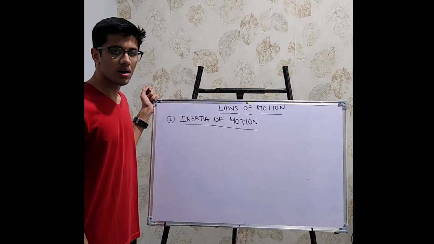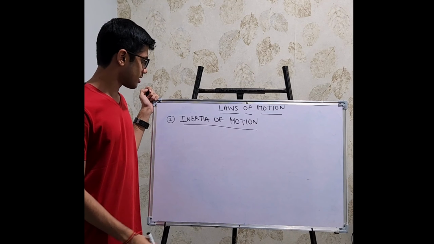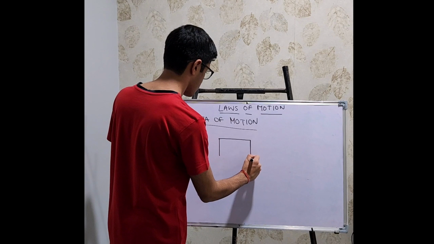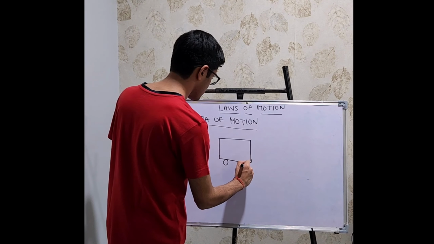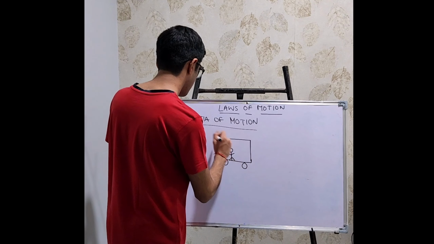Inertia of motion is the tendency of a body to remain in its state of uniform motion, and let us understand this again using an example. Let us say this is the bus again, with one passenger sitting inside it.